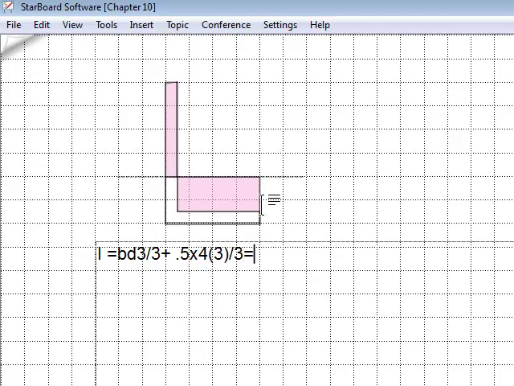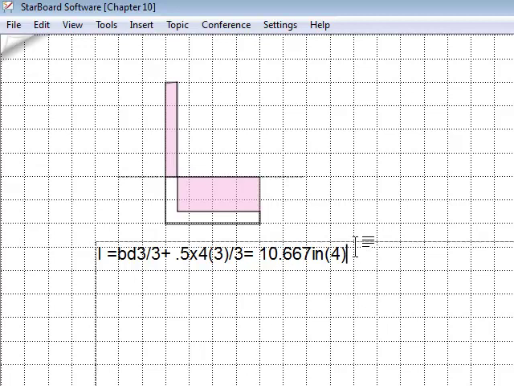That equals what they have in the book, 10.667 inches to the 4th. Everybody follow that? So this moment of inertia is the base times the depth cubed over 3, which is 0.5 times 4 cubed over 3.